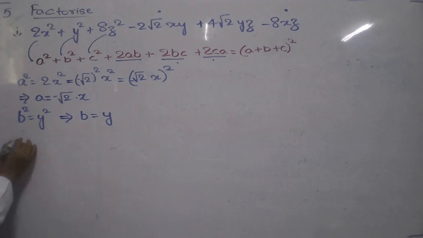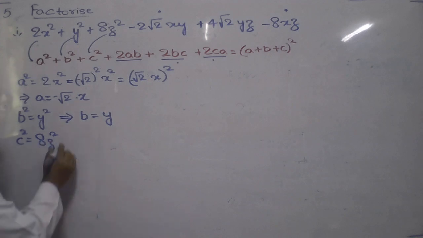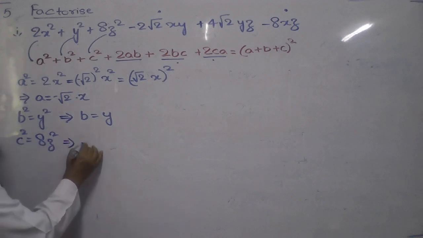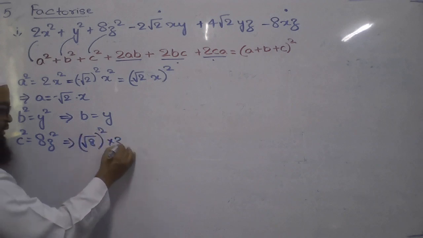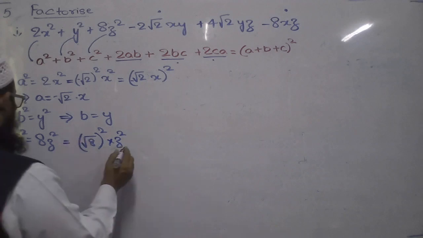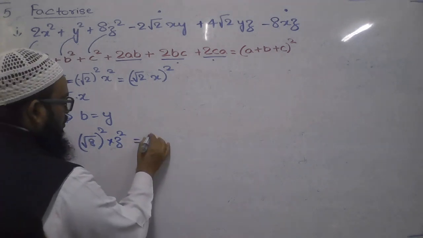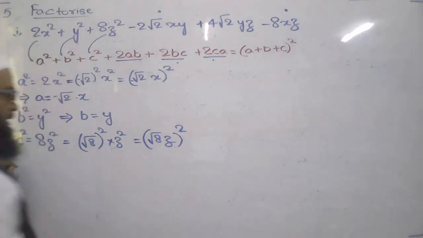And what about c square? C square is equal to 8z square. What is 8z square, my dear? Can I write it as square root of 8 whole square into z square? So that is equal to root 8z whole square. Is it right?